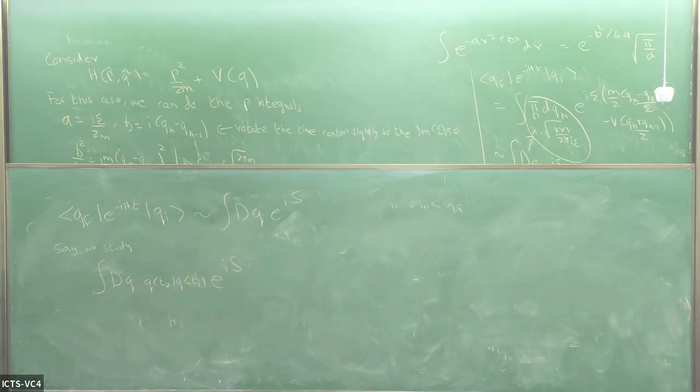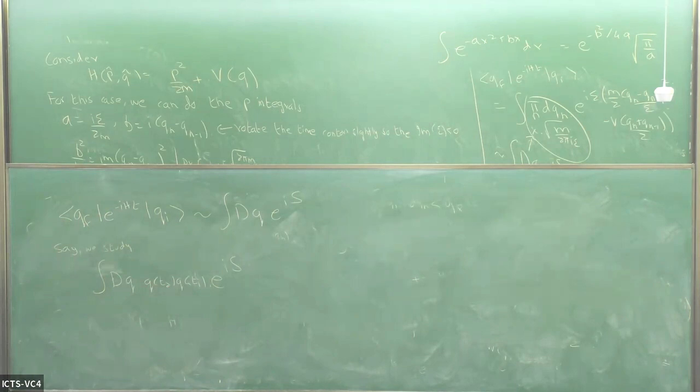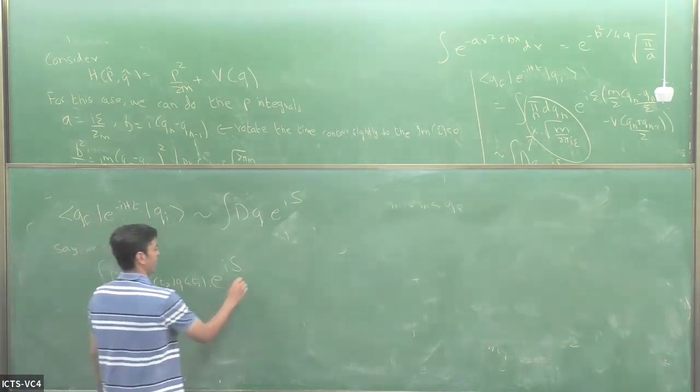So what expectation value is this? Q of T2 and Q of T1. I see, but Q of T2 and Q of T1 might not commute, right? So now what should we do? Do we write Q of T2, Q of T1, or Q of T1, Q of T2? This is a function, that's it. So in this case, it can't matter whether I write Q of T1, Q of T2, right? So here it's a function. So this is clearly equal, because these are all classical numbers.